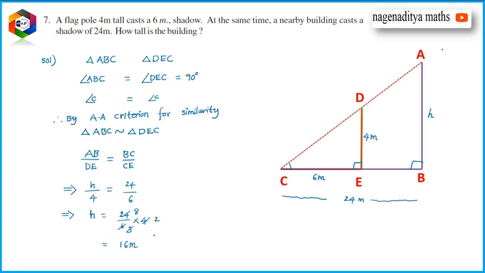So this is the height of the building. Therefore the height of the building is equal to 16 meters. So this is the required answer.